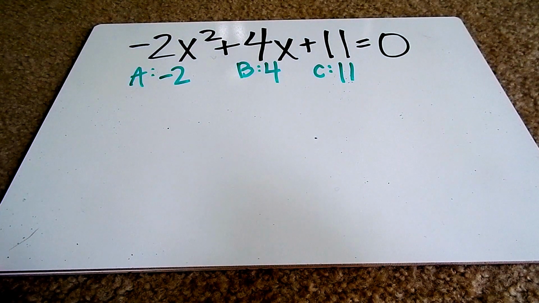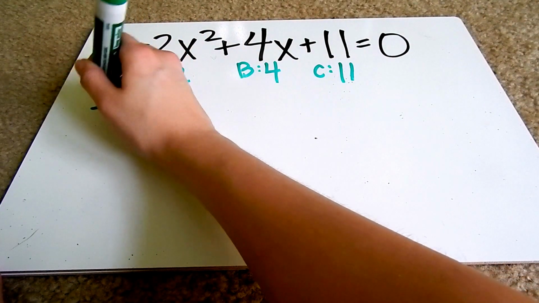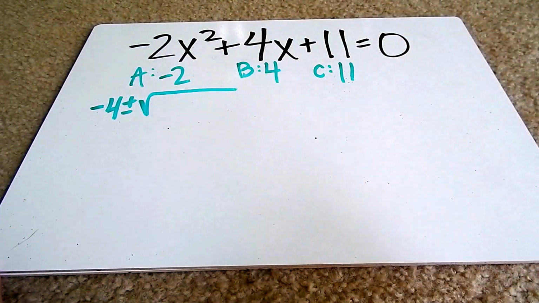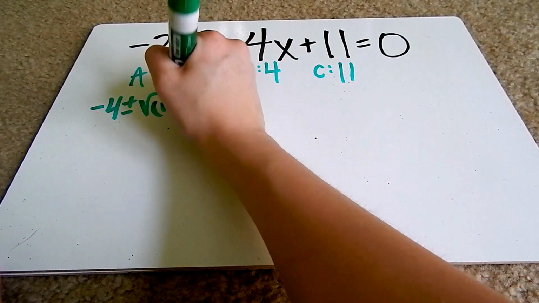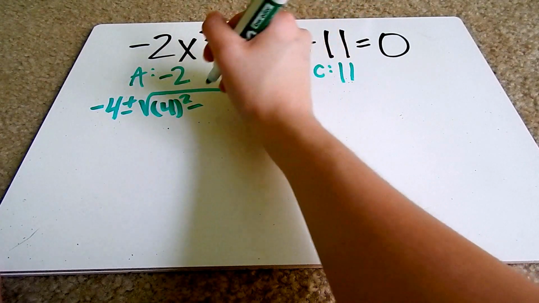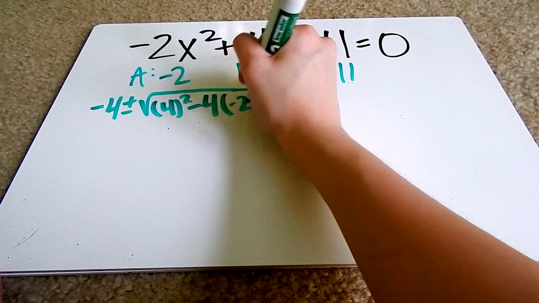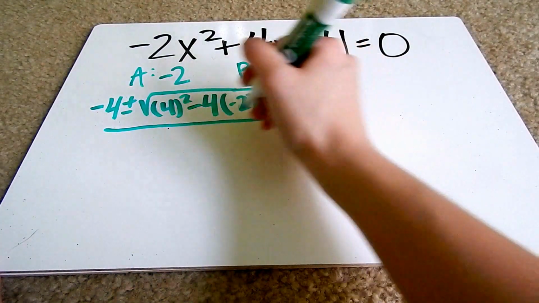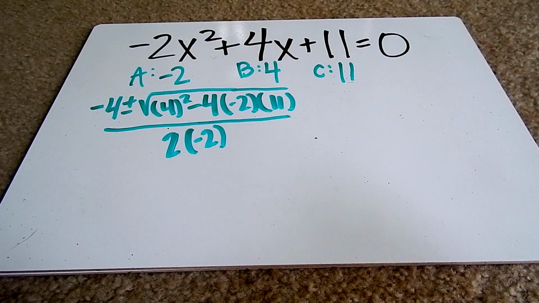Plug them into your quadratic formula, which is opposite of B, so -4, plus or minus the square root of B squared, so 4 squared, minus 4 times A, which is -2, times C, which is 11, all divided by 2 times A, which is -2.